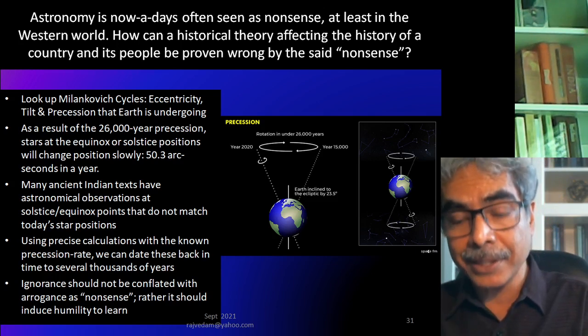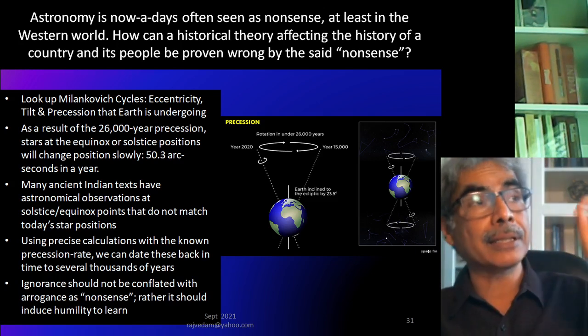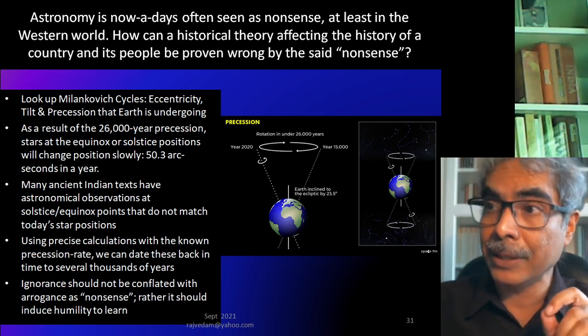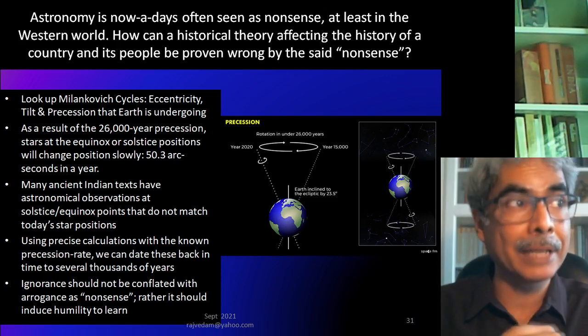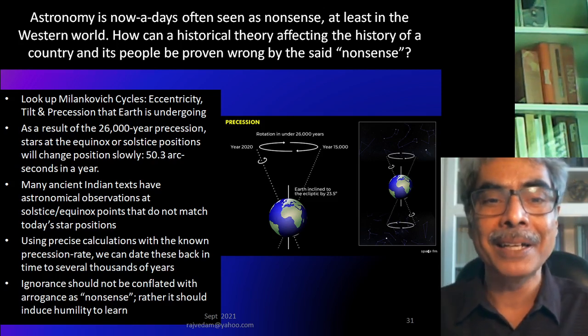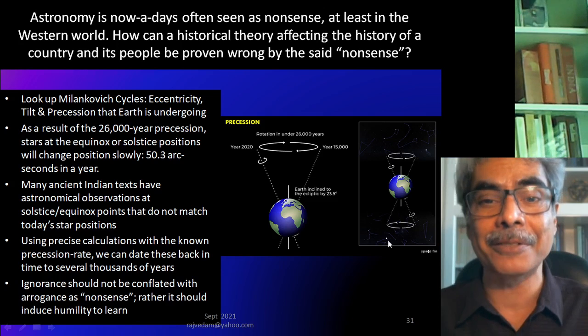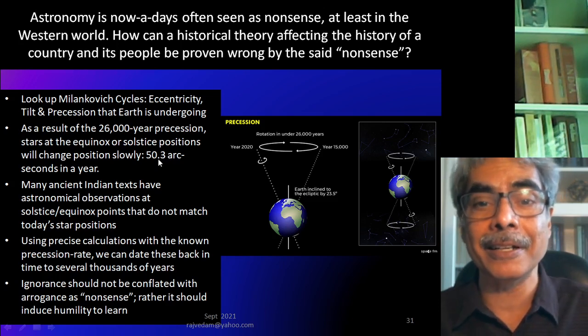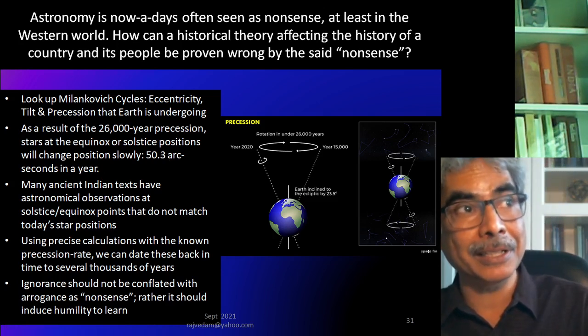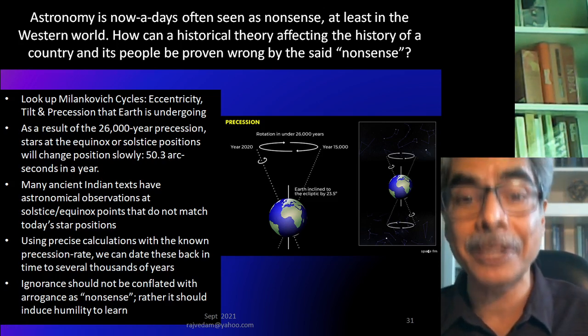Because of this precession, the stars that are at the cardinal points that I talked about, the solstice points and the equinox points, are not constant. They keep changing with time. And in fact, we can measure the rate of change. Approximately, it is 50.3 arc seconds in a year. That is how much the position of a star at a solstice point will change.